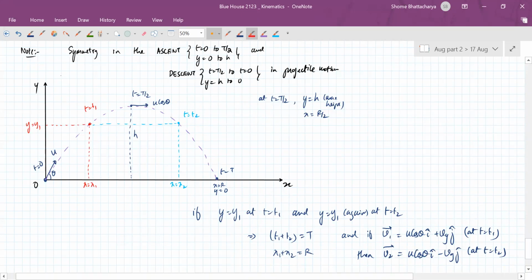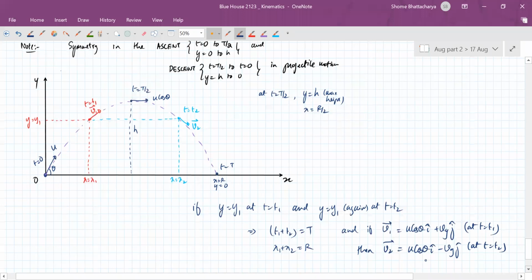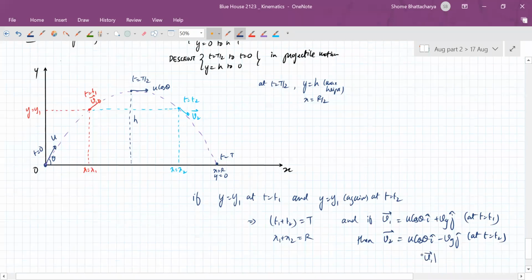Whatever this velocity v1 over here, this velocity v2 has the same magnitude as v1. Only the j cap changes its sign between that time t1 and t2.